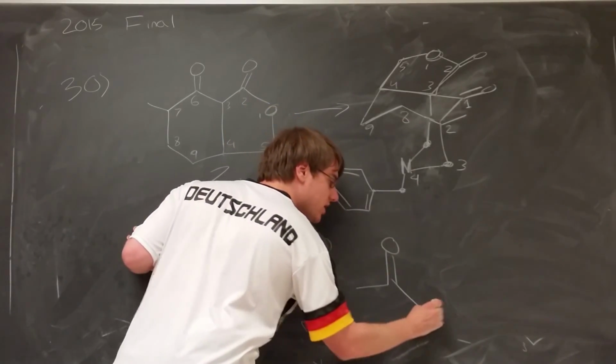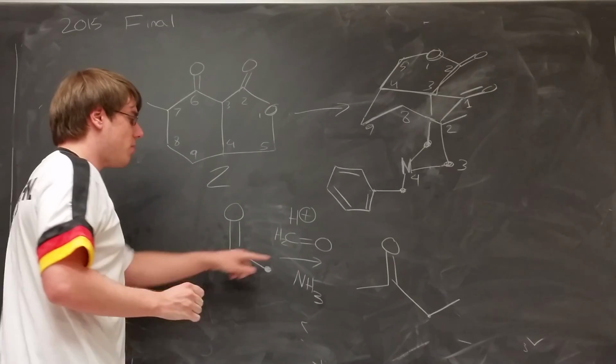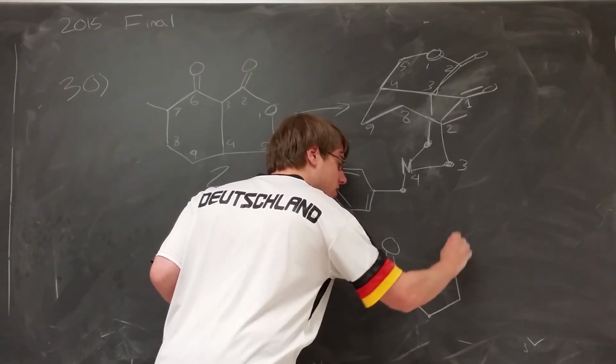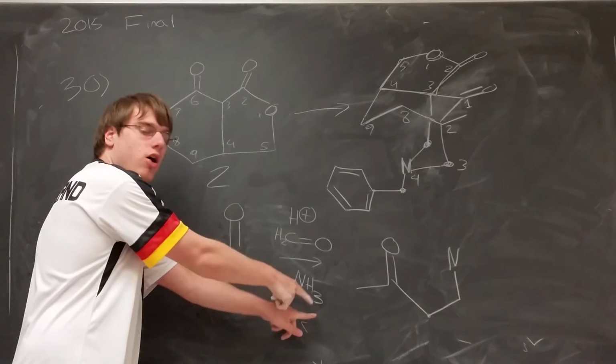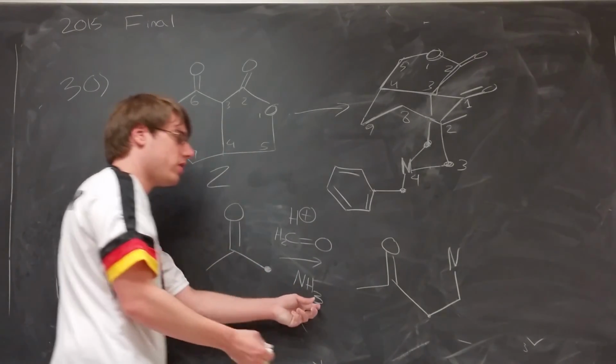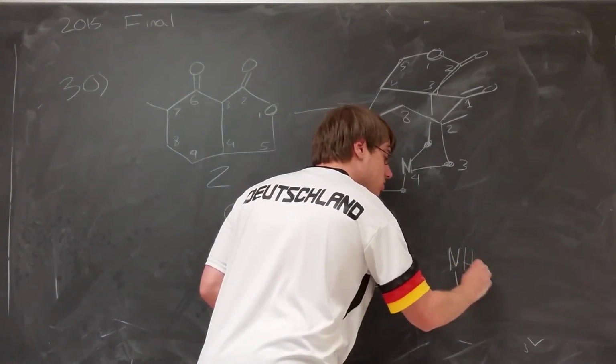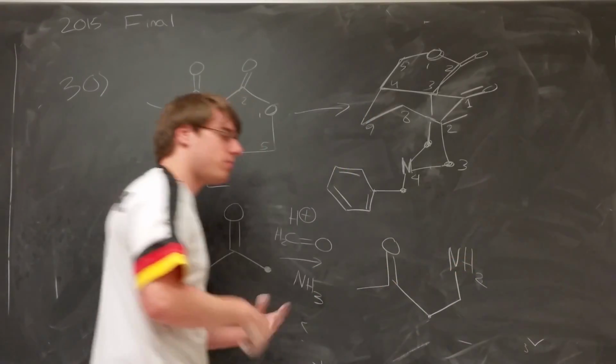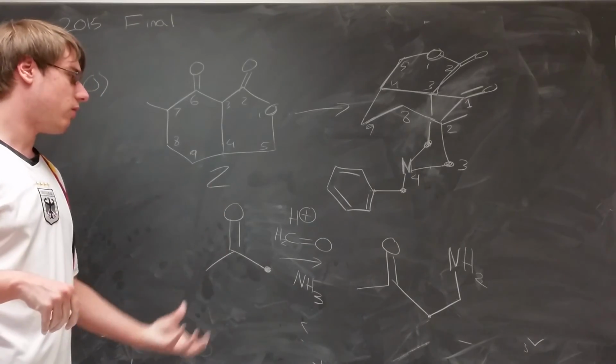This carbon right here gets connected to the carbon of the formaldehyde, but rather than a double bond to O, you end up having a nitrogen attached. That nitrogen will be whatever nitrogen and carbons are on that nitrogen over the arrow. In this case it would be NH3, but that would make the nitrogen positive, so we remove a proton through a mechanism that I'm not drawing out, and that would be NH2.